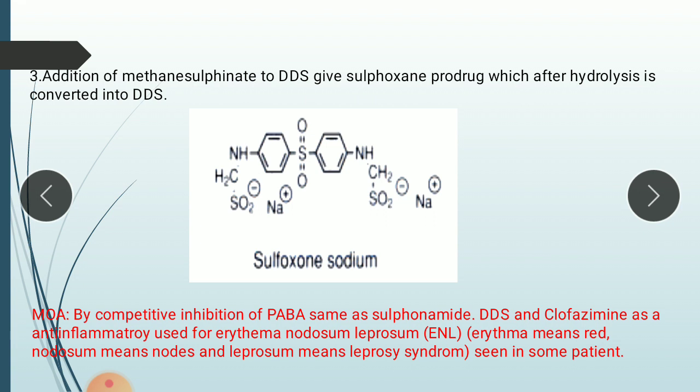Bacteria synthesize folic acid, but host cells do not. As a result, co-administration of dapsone and PABA will inactivate dapsone. Dapsone and clofazimine are used as anti-inflammatory agents for erythema nodosum leprosum, ENL. ENL is a symptom of leprosy.